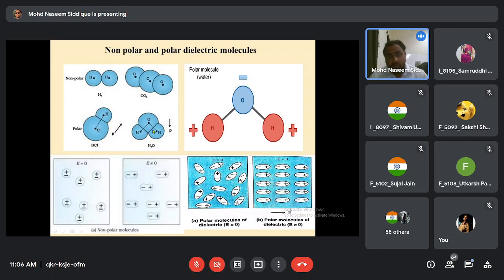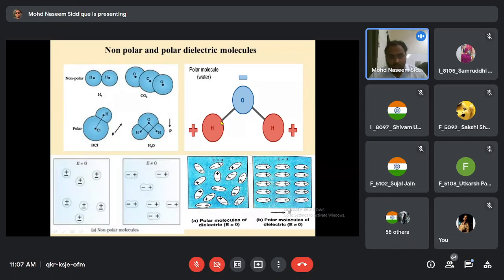As I told you at the start of my lecture, water is the best example of a polar dielectric material. As you can see in the picture, hydrogen is positive and oxygen has the negative charge, hence creating some small distance and therefore producing a dipole moment.